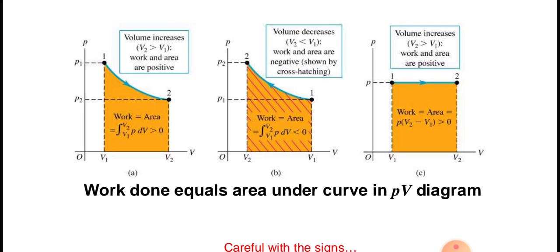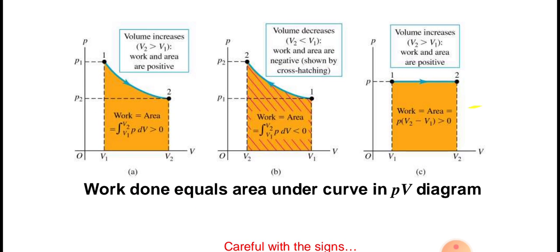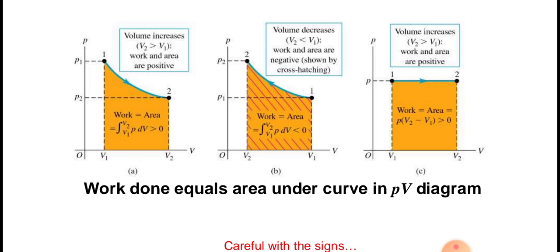In the first graph we see the graph plotted pressure against volume, and the path passing from position 1 to position 2, and the colored area is equal to the work done.